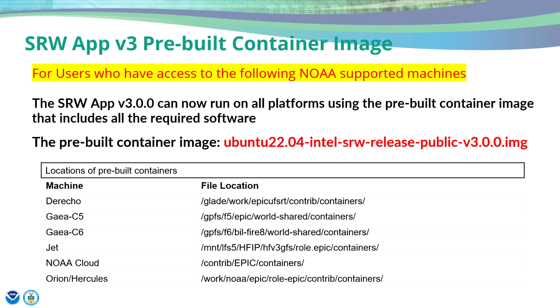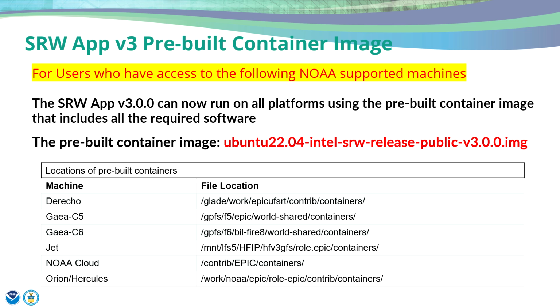To build and run the SRW application version 3 from a container, users need to have access to the pre-built container images, which include all the required software. Ubuntu 22.04-intel-srw-release-public-v3.0.0.img is the SRW app pre-built container image name.